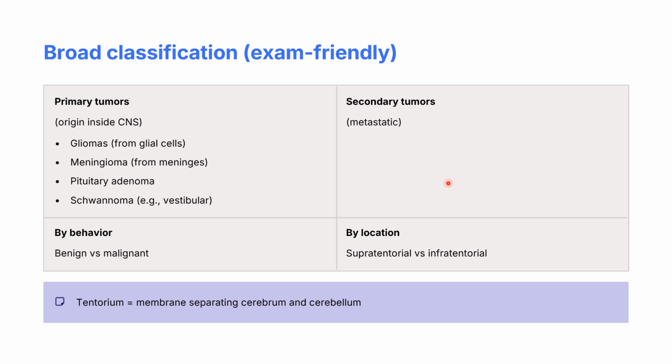Benign means it will not spread to other parts of the brain or other organs. Malignant means it is spreading.